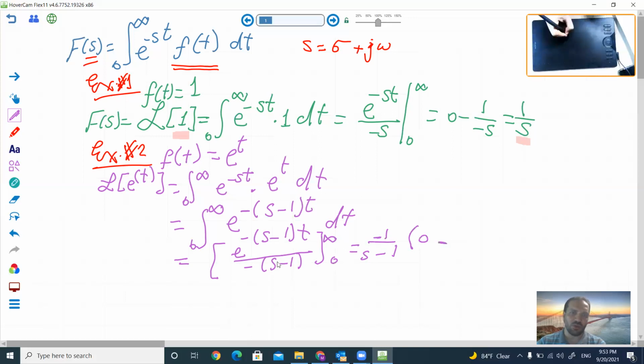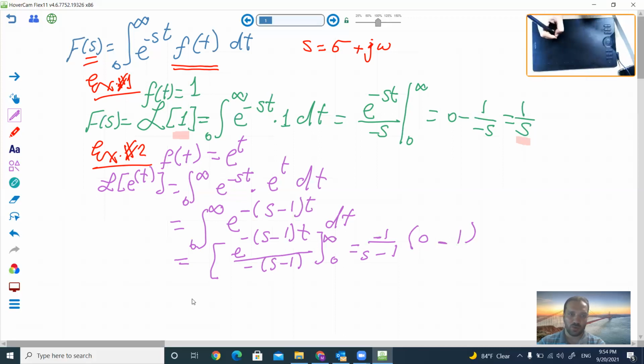Minus, substituting with 0, because we are integrating with respect to t, t is substituted by 0, so e to the power 0 will be 1, and the denominator will be as it is, so it will be negative 1, and the denominator is taken as a common factor for the two terms.